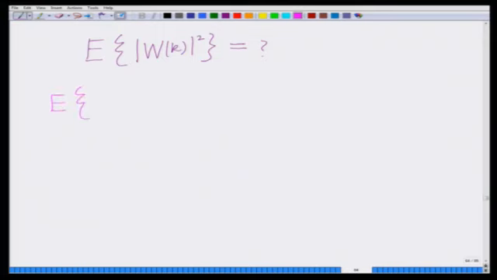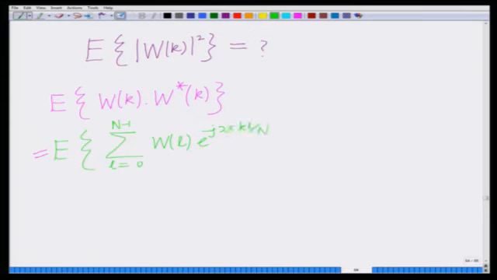The expected value of magnitude W_k square equals the expected value of W_k times W_k conjugate, which I can write as the expected value of the summation over L equals 0 to n minus 1 of w(L) e to the power of minus j 2 pi k L divided by n, times the conjugate of the summation over L tilde equals 0 to n minus 1 of w(L tilde) e to the power of minus j 2 pi k L tilde divided by n.